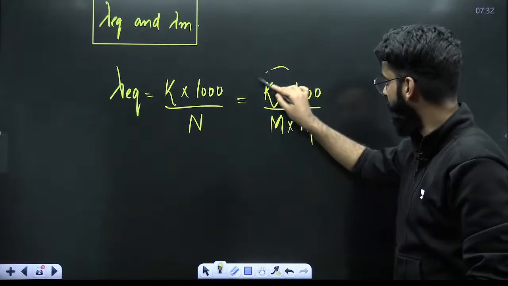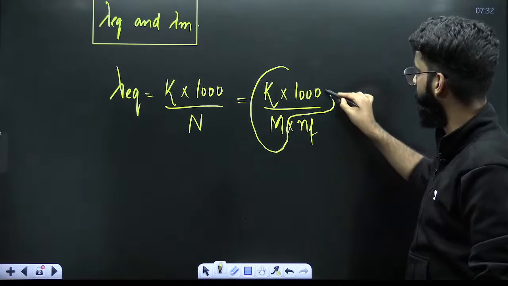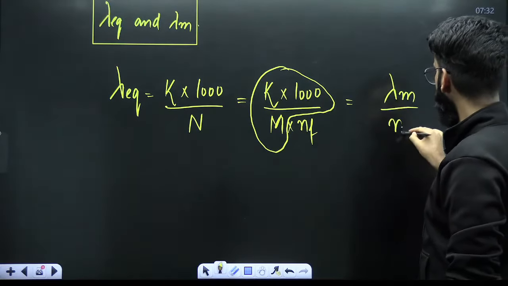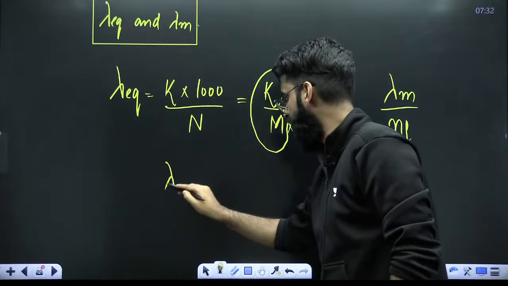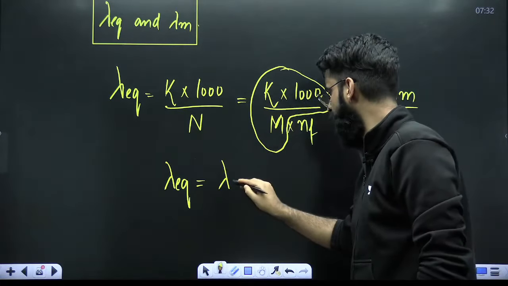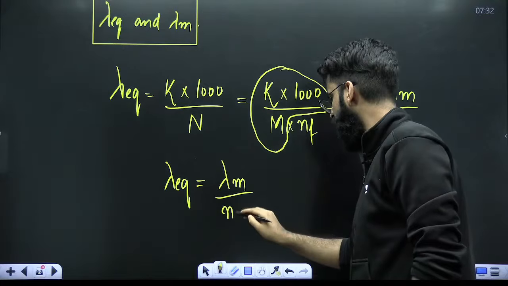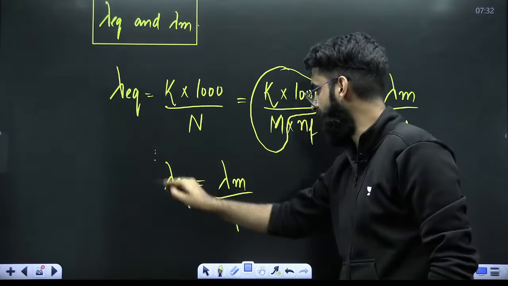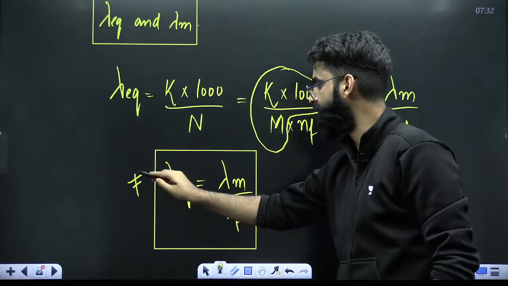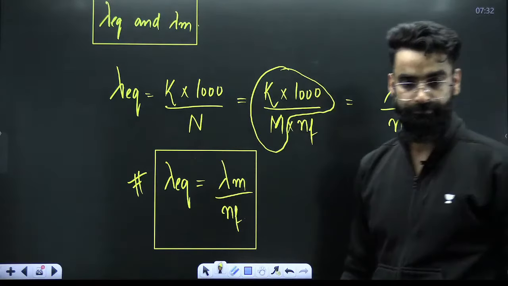So normality is molarity of the solution multiplied by n factor of electrolyte. Correct? This particular term, my dear students, what do we call this as? We call this as lambda m. So it is going to be lambda m divided by n factor. So from this particular result, you got equivalent conductivity is always equal to molar conductivity of the solution divided by n factor of electrolyte. This particular result is also important.